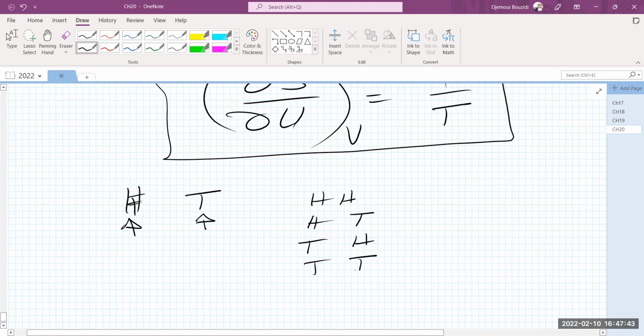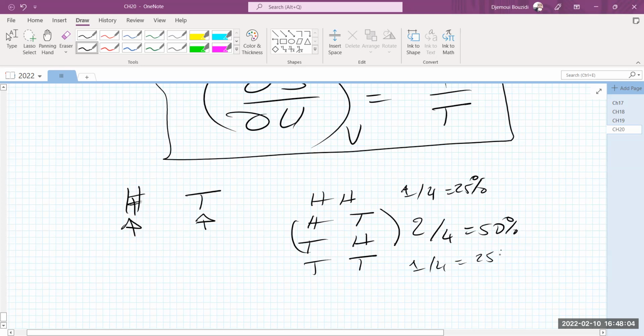One of them being head and the other one tail is actually 2 times out of 4, which is a 50% chance. Whereas finding both of them in heads is only 1 in 4, which is a 25% chance. And 2 tails is also 1 over 4, which is 25%.